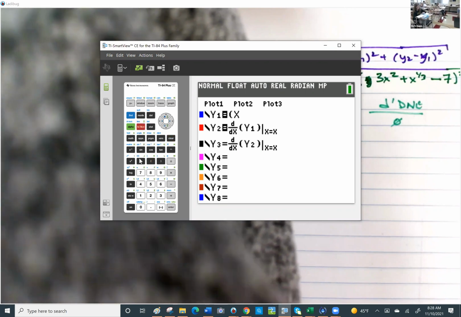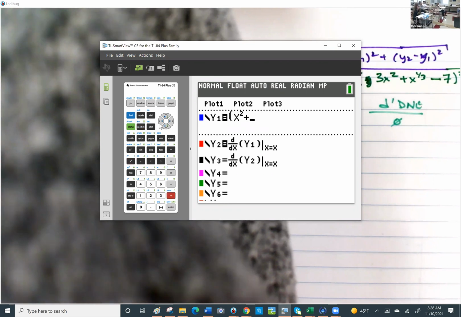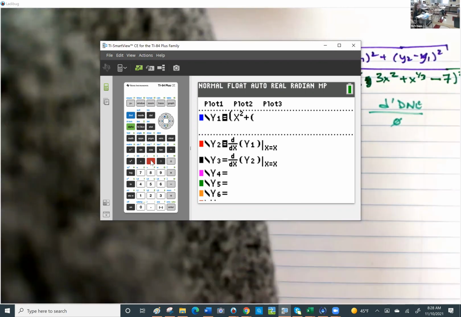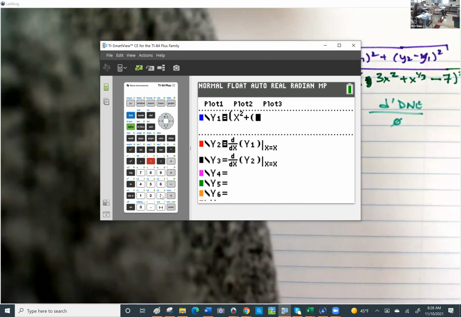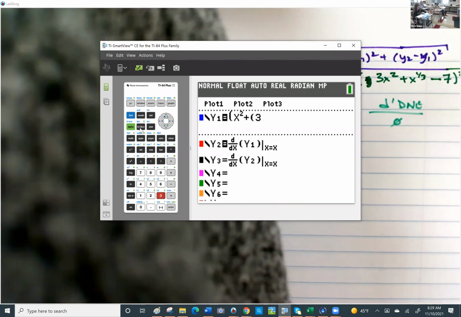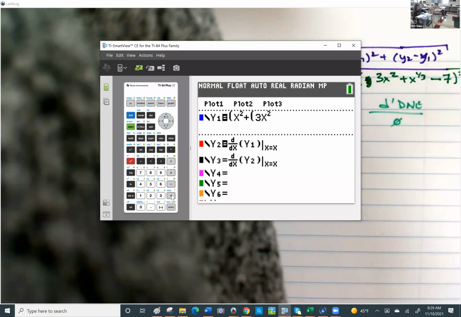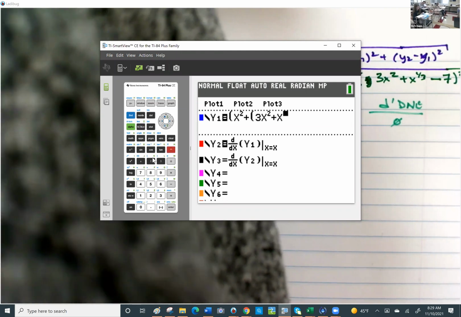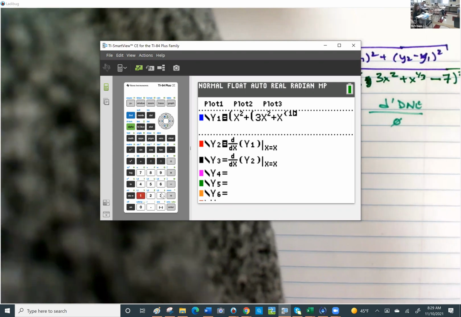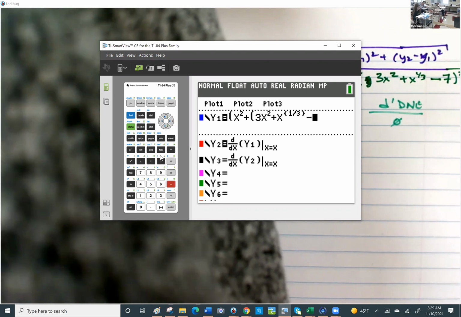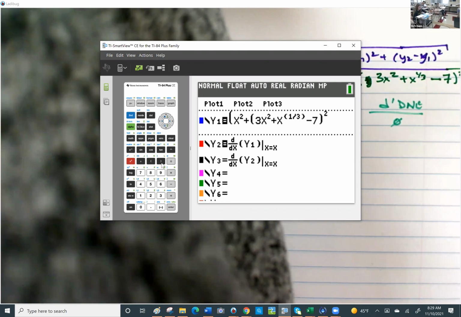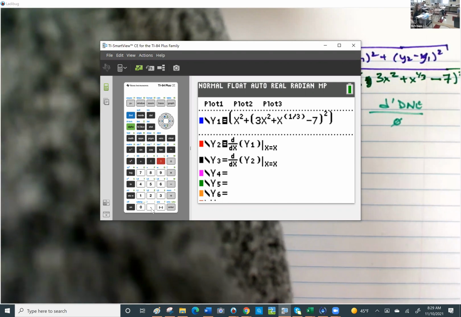We've got the x squared, and then plus, in parentheses, x squared plus the x to the 1/3 power, and I have to subtract the 7, close the parentheses, square that, then close that parentheses and raise it to the 1/2 power.